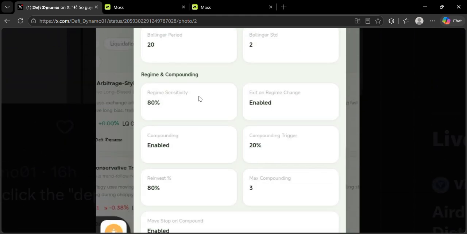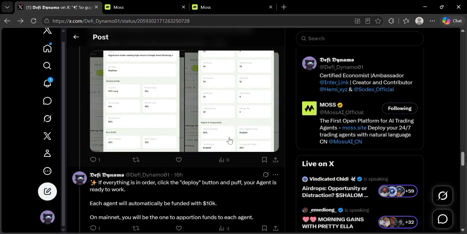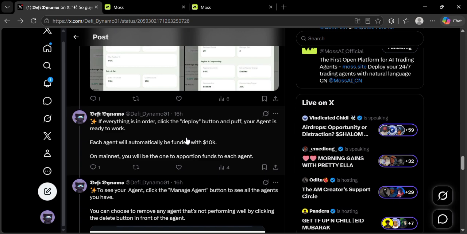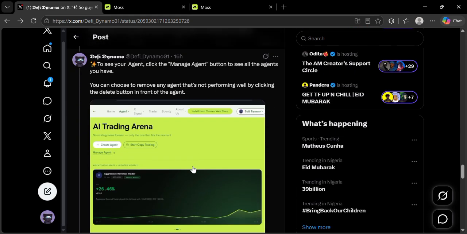If there's anything you don't like in the output, the overall view of what the agent will be doing for you, you can reset them and choose the ones you want. Then after that, you deploy the agent. Once you deploy, the agent will start trading, start using the strategy you have already inputted to trade.